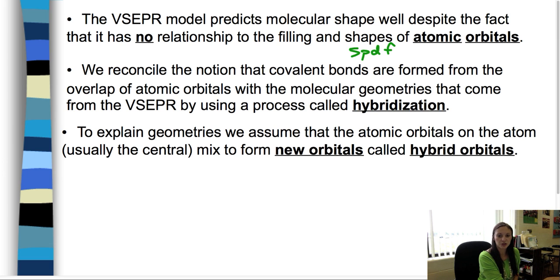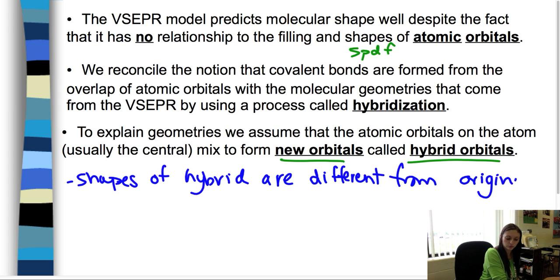It explains the geometries. We assume that atomic orbitals on the atom mix to form new orbitals that we call hybrid orbitals. So we're going to be mixing s's, p's and d's to give us these different kinds of hybrid orbitals. The shapes of these hybrid orbitals are different from the original, but the total number of orbitals is constant.